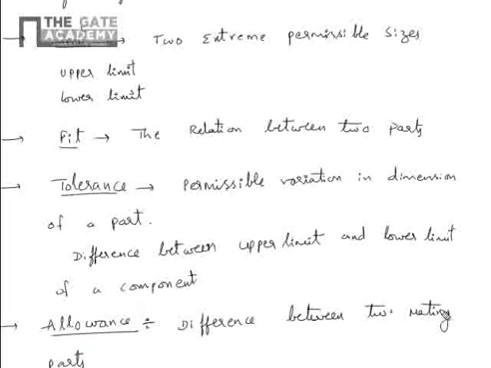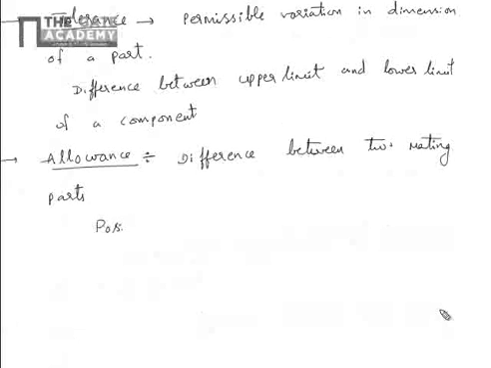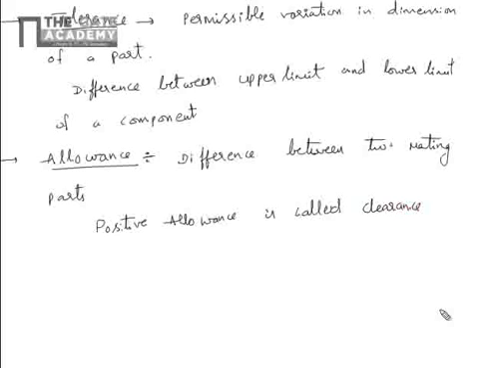Allowance may be positive or negative. Positive allowance is called clearance. Negative allowance is called interference.